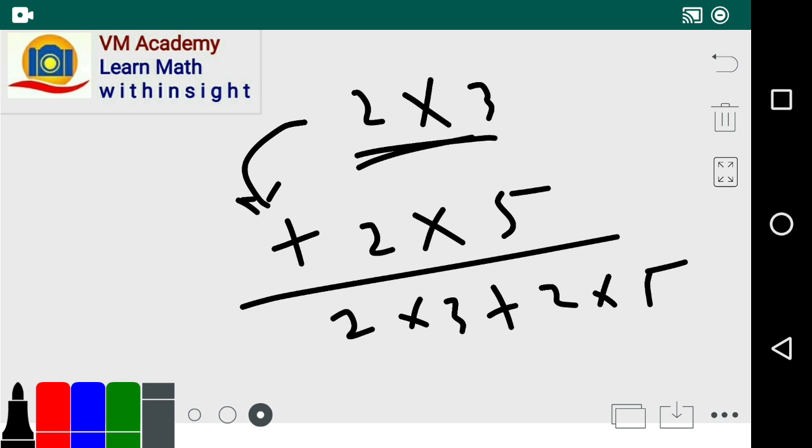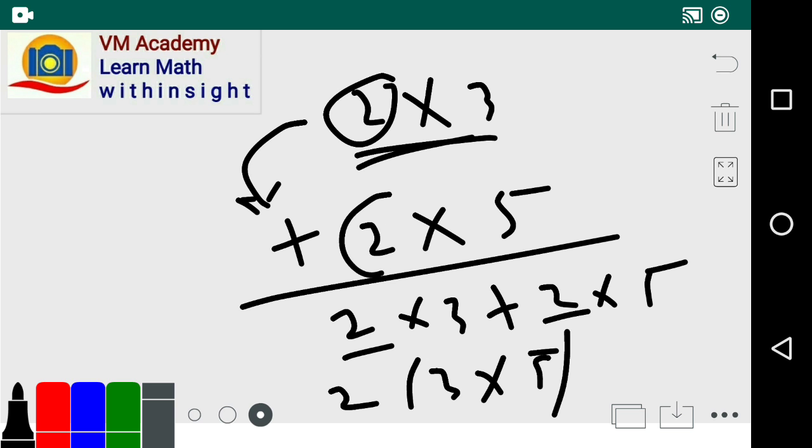Can we take 2 common? Yes, we can take 2 common, leaving 3 plus 5. In this manner, if both numbers have a common factor, then their sum also has that common factor. If both numbers have a common factor, then their difference also has that common factor, friends.